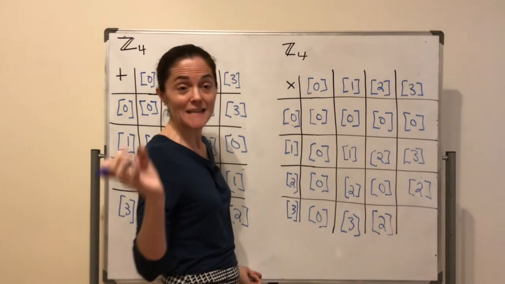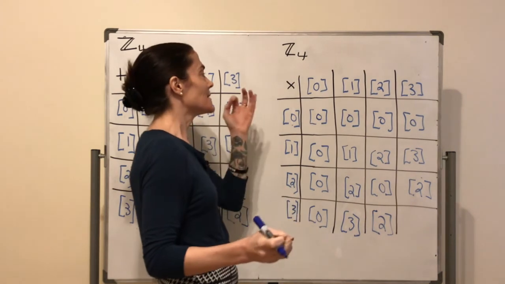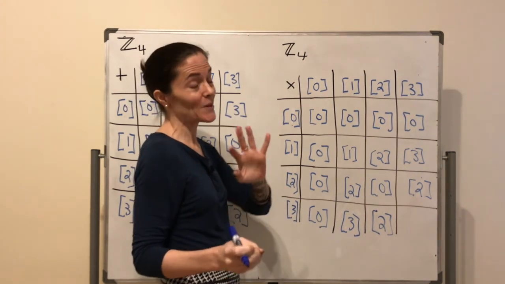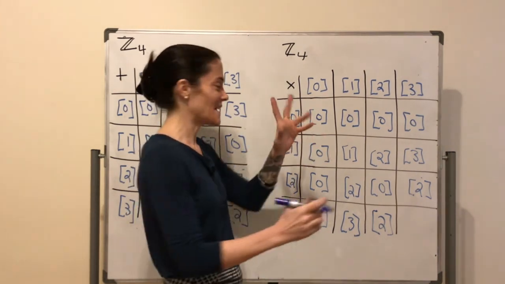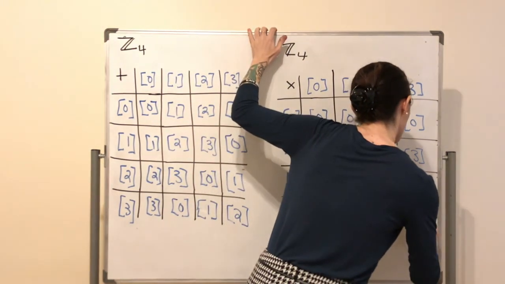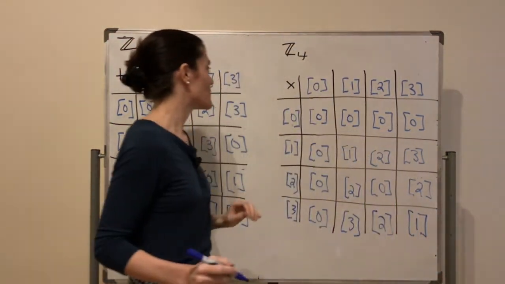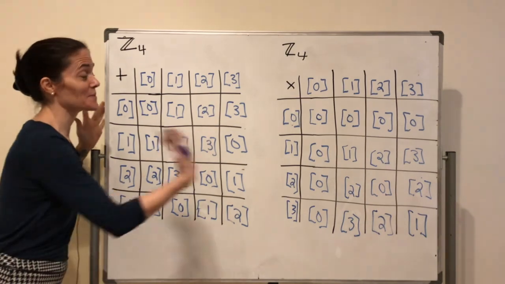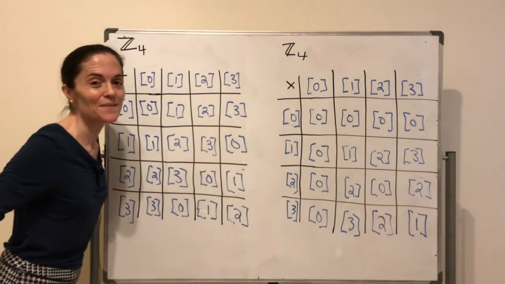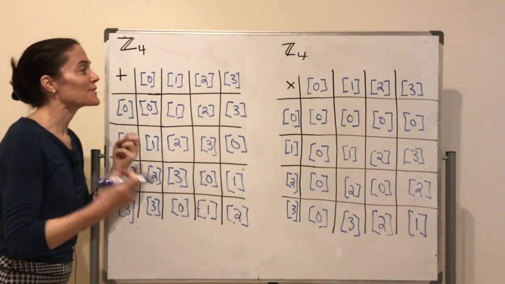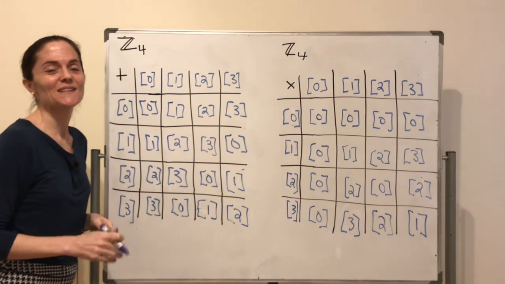And the last one, 3 times 3 is 9. 9 is, well, it's 5, but it's also 1. So we have a 1 here. 9 is 1, mod 4. So this would be the addition and the multiplication table for the integers modulo 4. These are really classes of this equivalence relation.